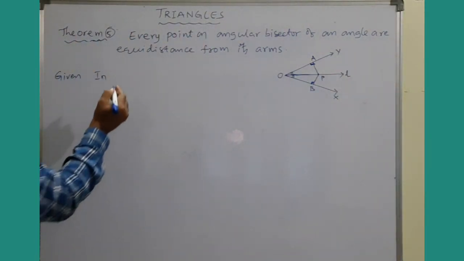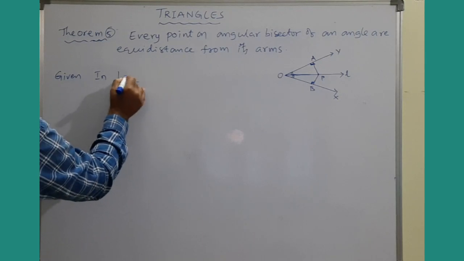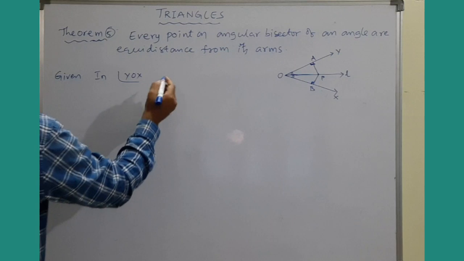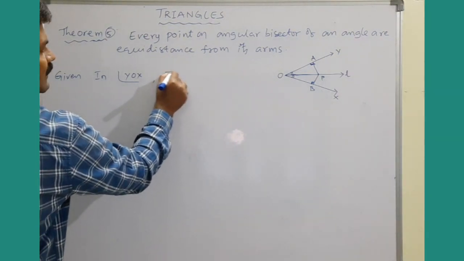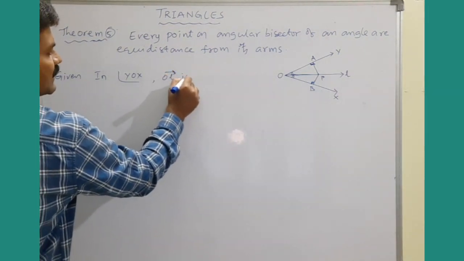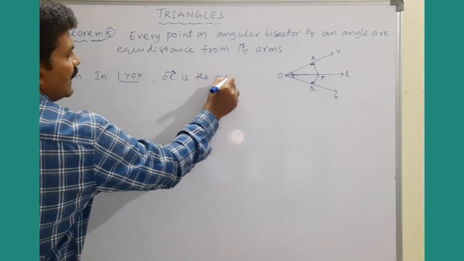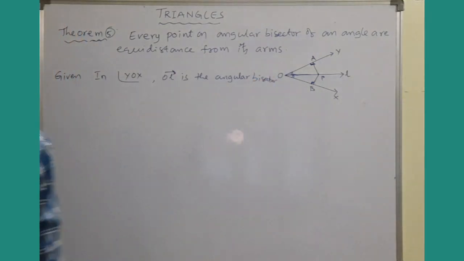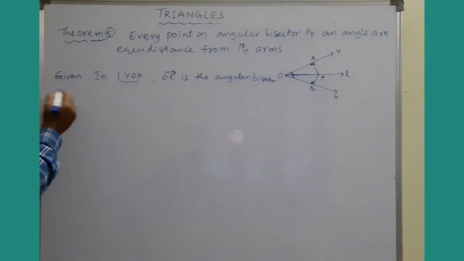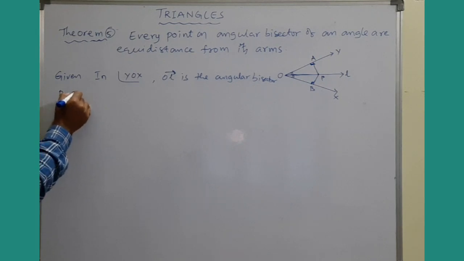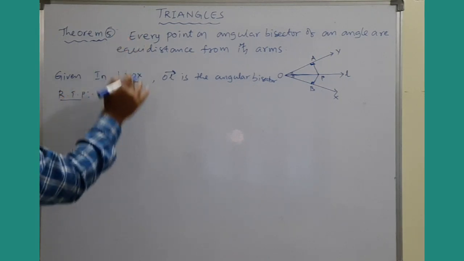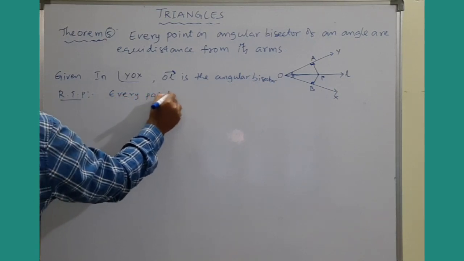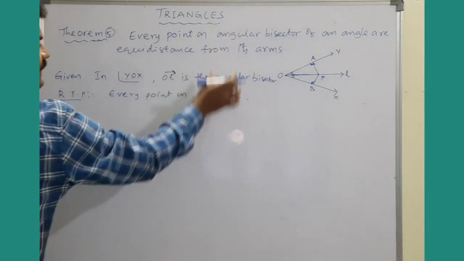So in angle YOX, ray OL is the angular bisector. Okay? And what we have to prove? Required to prove is nothing but the statement only. Every point on angular bisector, write the statement as it is.